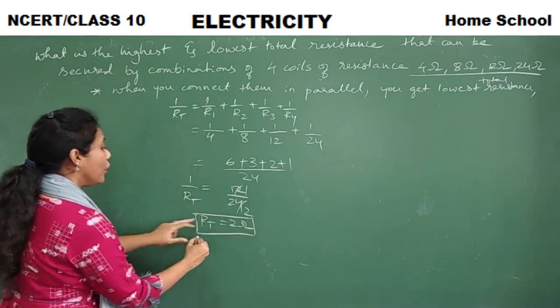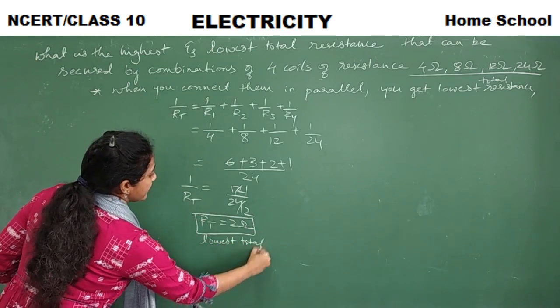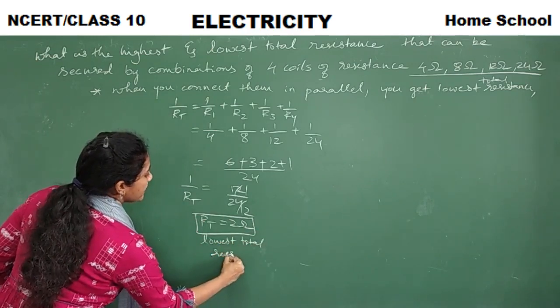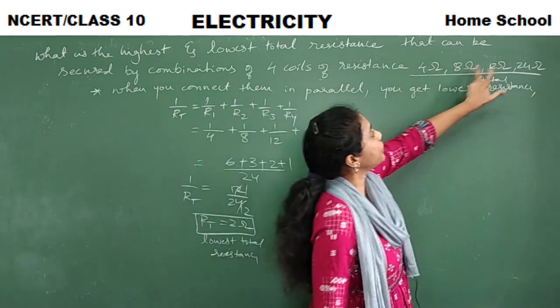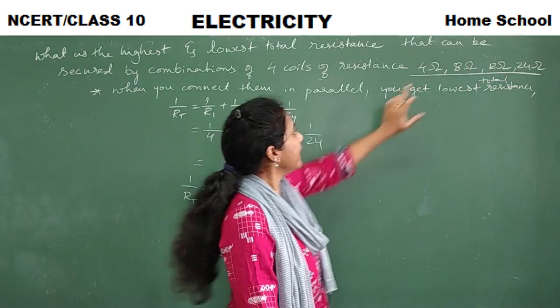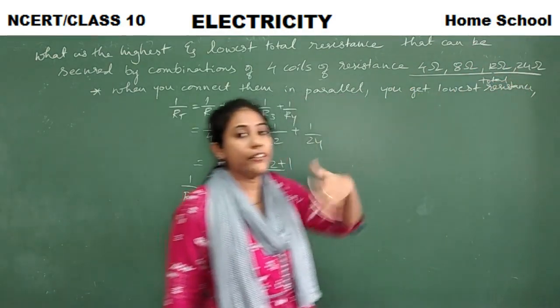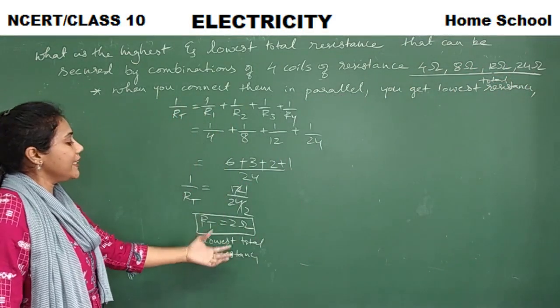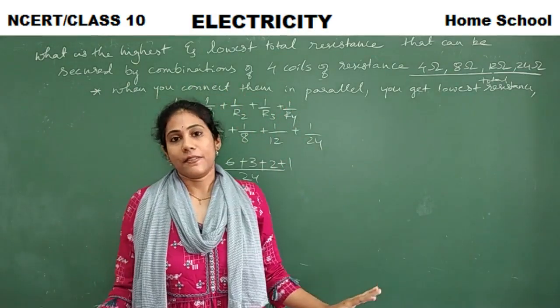So this is your lowest total resistance. Yes or no? See, this value is lowest compared to the individual values. 2 is lower than 4, 2 is lower than 8, 2 is lower than 12, 2 is lower than 24. So you get the lowest total resistance when they are connected in parallel, guys.